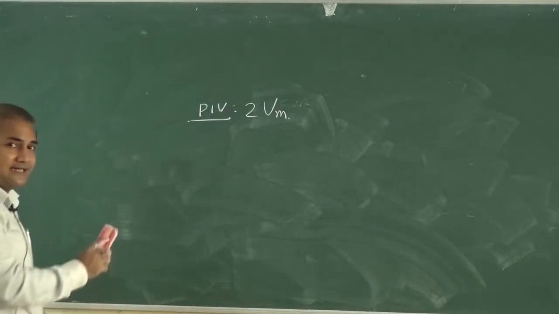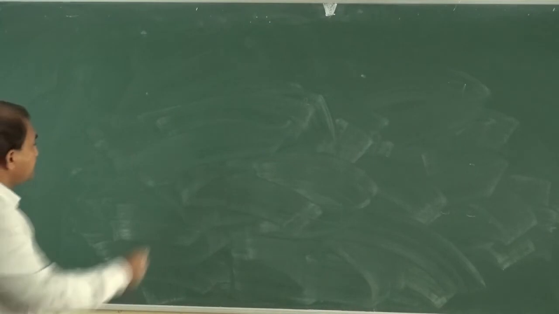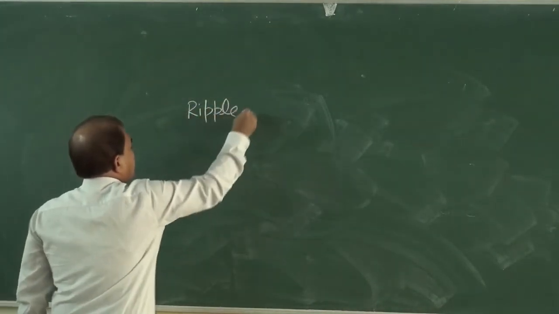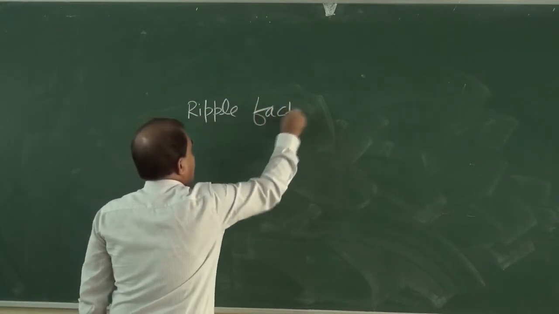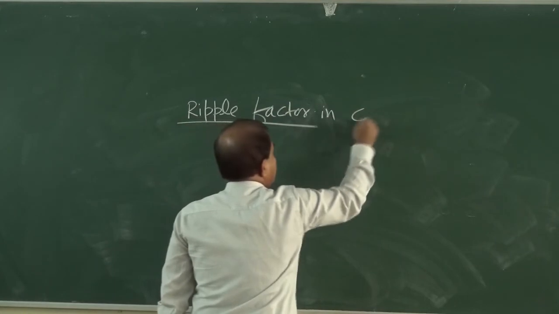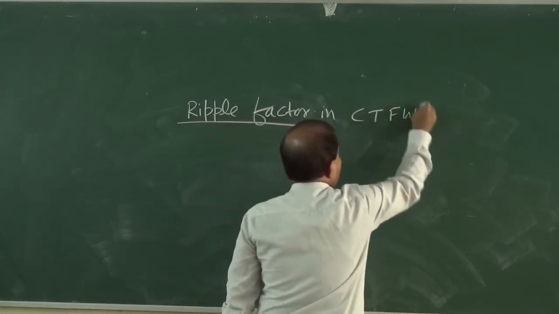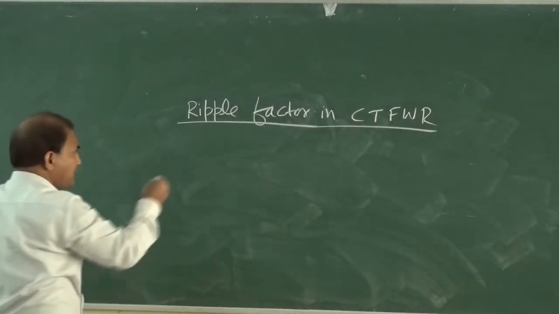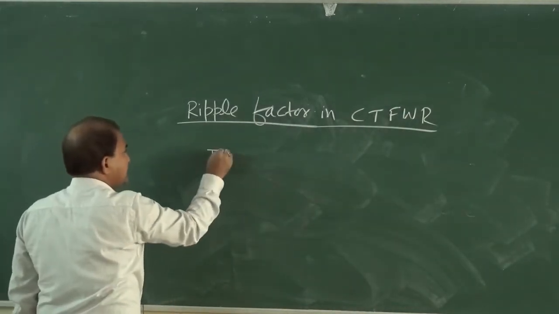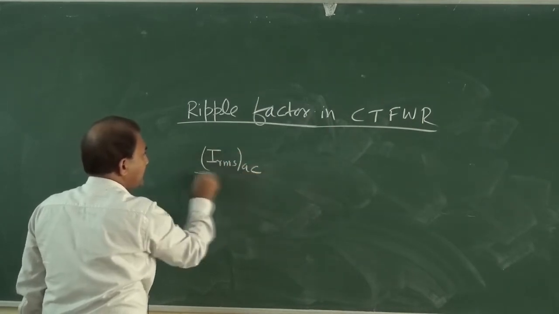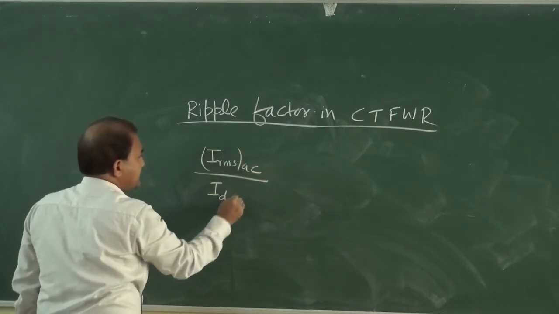Then we will see ripple factor in center tap full wave rectifier. How can we calculate it? Again by using the same formula: I RMS component of AC divided by I DC.